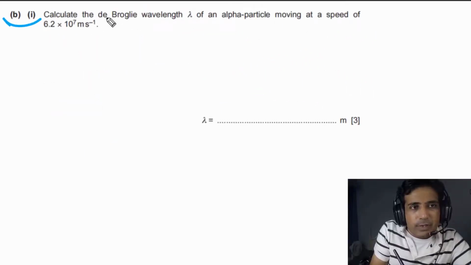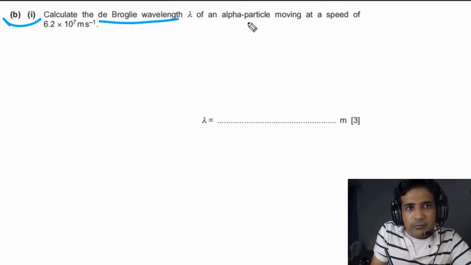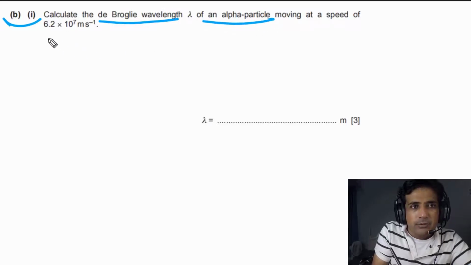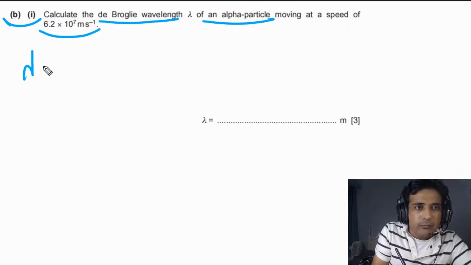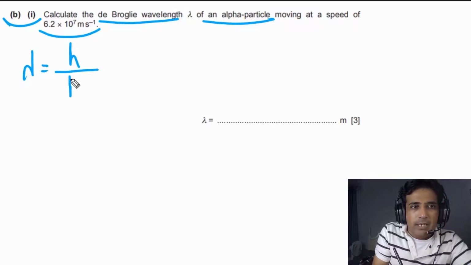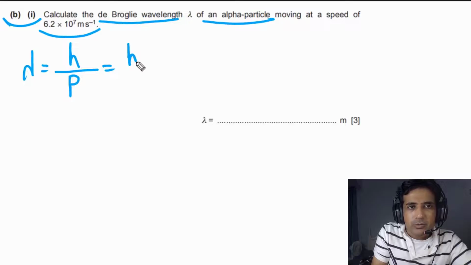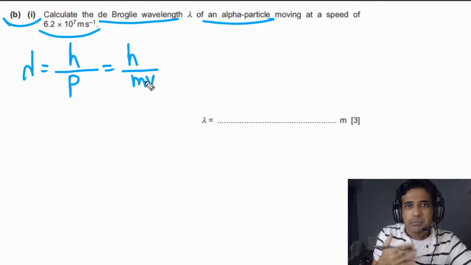For part B1, we need to calculate the de Broglie wavelength of an alpha particle moving at a speed of 6.2 times 10 to the 7 meters per second. The de Broglie wavelength is equal to Planck's constant divided by the momentum of the moving particle. Or simply we can say this is equal to h divided by m times v. m is the mass of the particle, v is the speed of the particle.